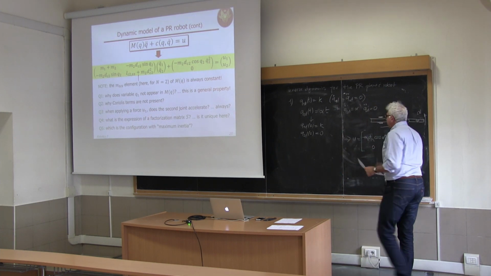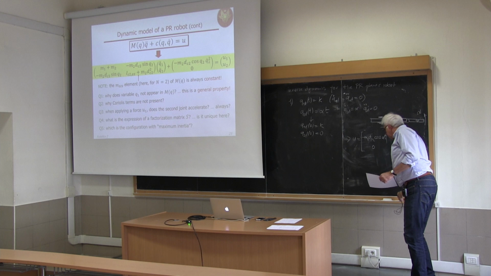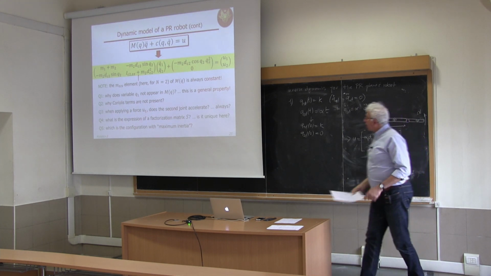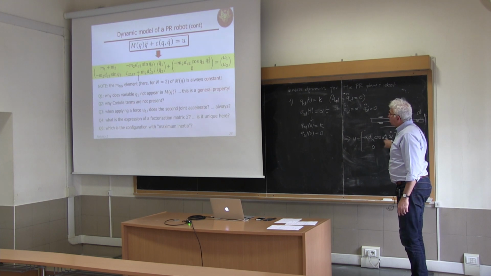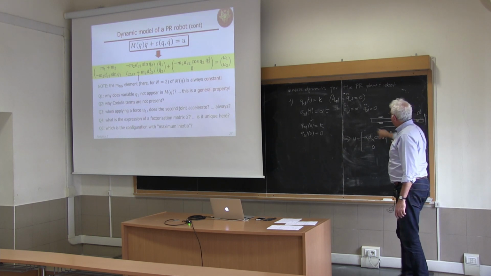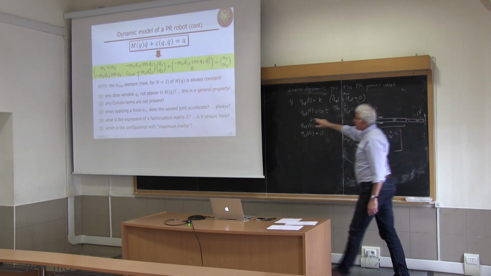Oh, okay, now things work. So there's no inertial effect. There's only a term which pulsates with the angle q2 and has the square value of this velocity. This is coming from here.